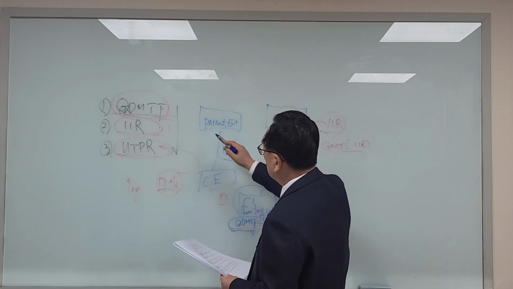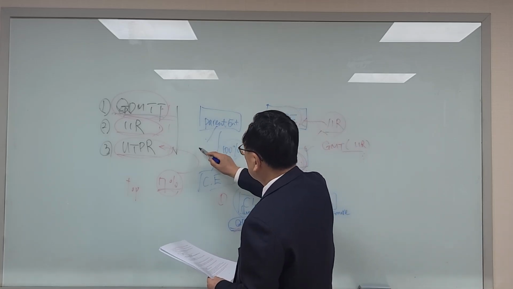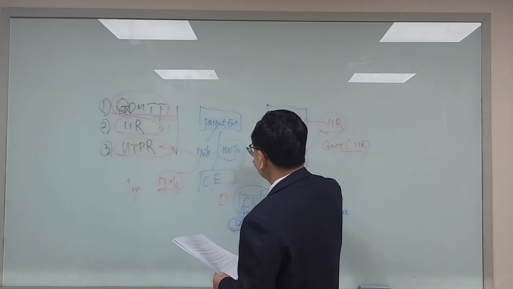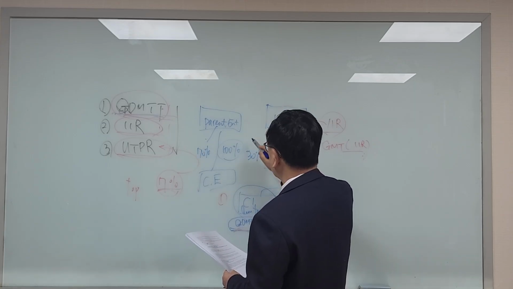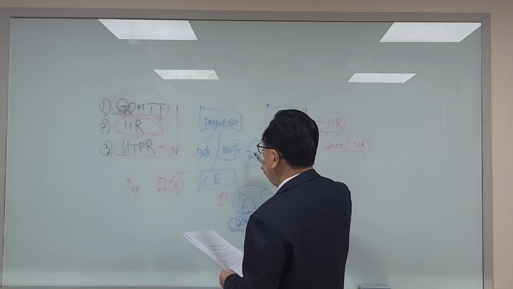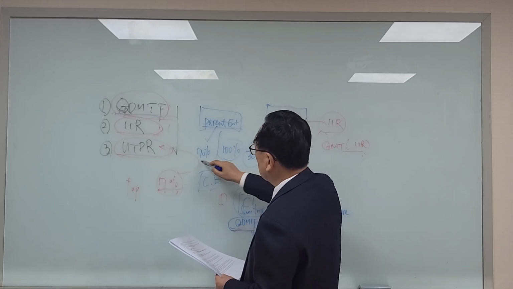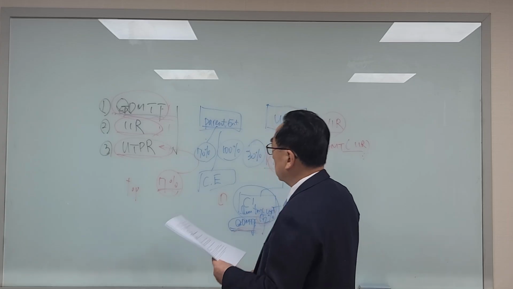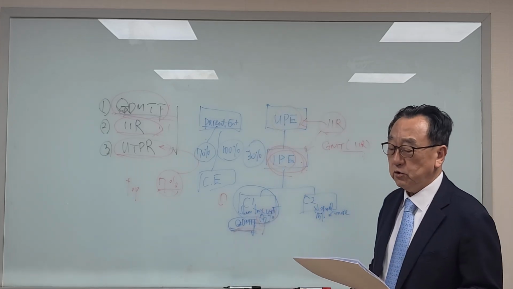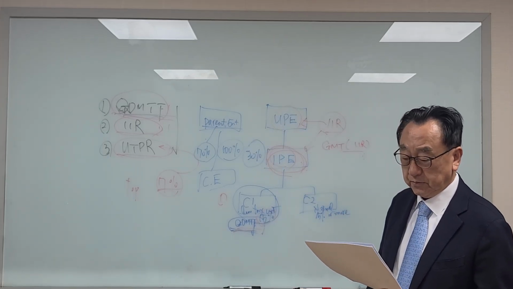But if the parent entity's ownership ratio is 70% and 30% is owned by another company or group, then the parent entity's portion is 70%. So the parent entity will be liable for only 70%.